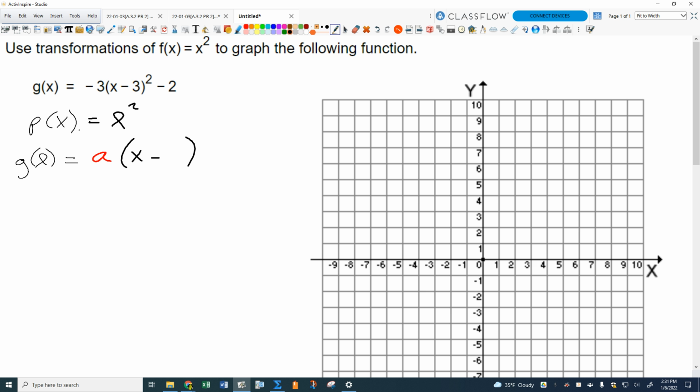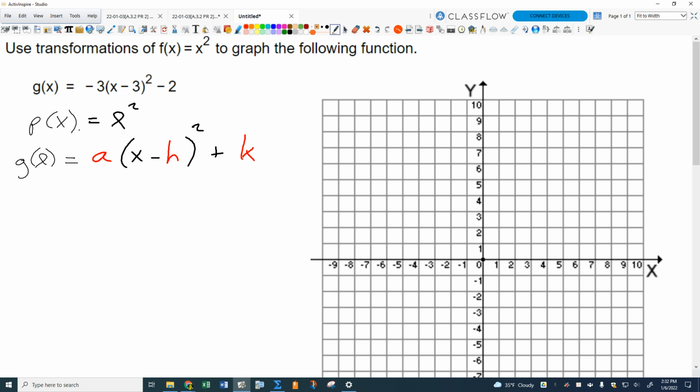We want to know what's the number that's being subtracted from x inside the function, which is h. And we want to know the value of the constant that's being added outside the function, which is k. And think what the jobs of those three parameters were. H was the horizontal translation, right? K was the vertical translation, and A was the vertical dilation factor.